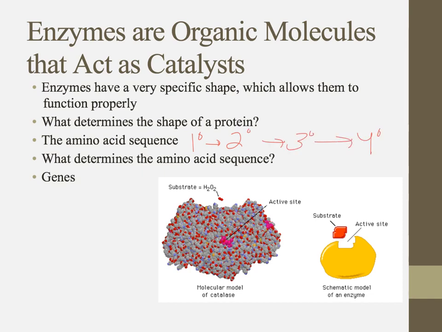The way that those bonds and those R groups interact determines its exact shape. And of course, this is determined by genes, so your genes control the shape of your proteins. Remember, through that transcription and translation process at the ribosomes. And that all leads to a very specific enzyme with a super specific function and shape.